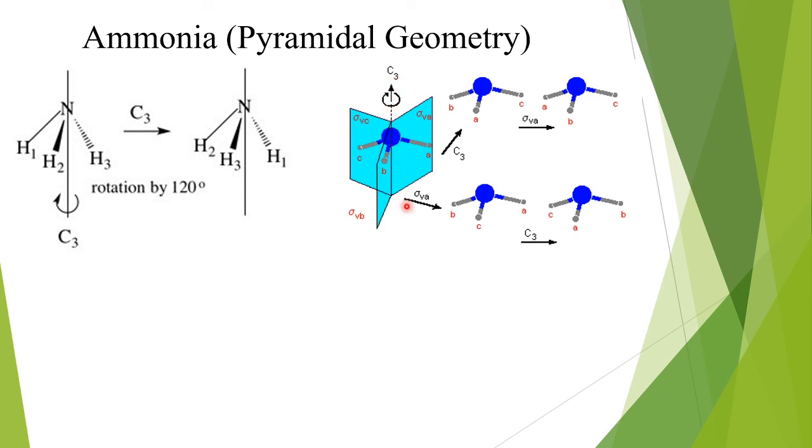They are not cutting the principal axis at 90 degrees. The plane is not perpendicular. So these planes are called vertical planes. Ammonia has three vertical planes, and how will you denote it? 3 sigma V. Sigma V is the vertical plane of symmetry.